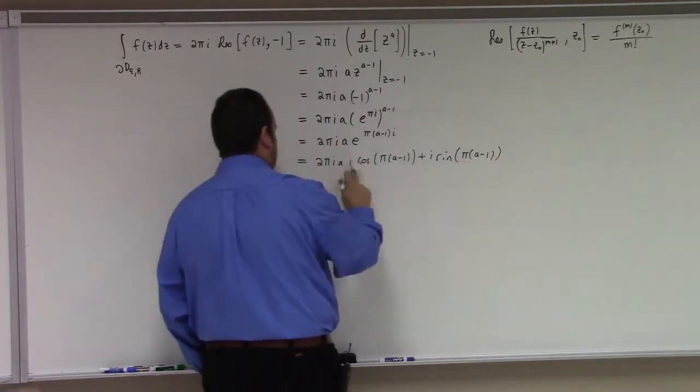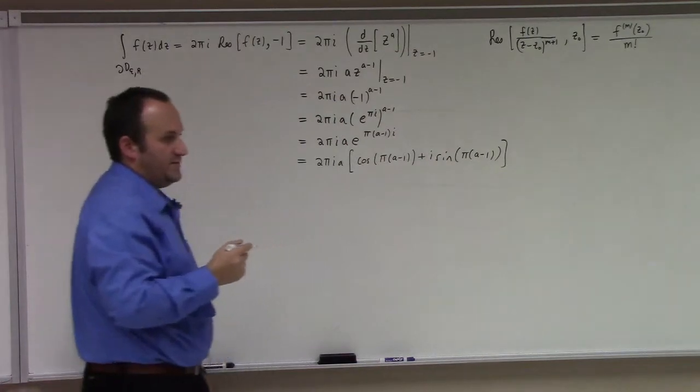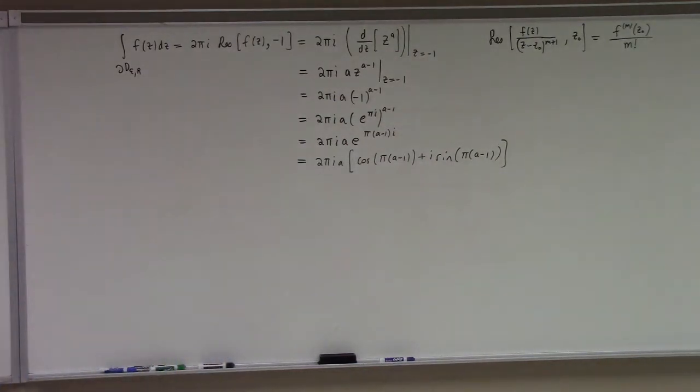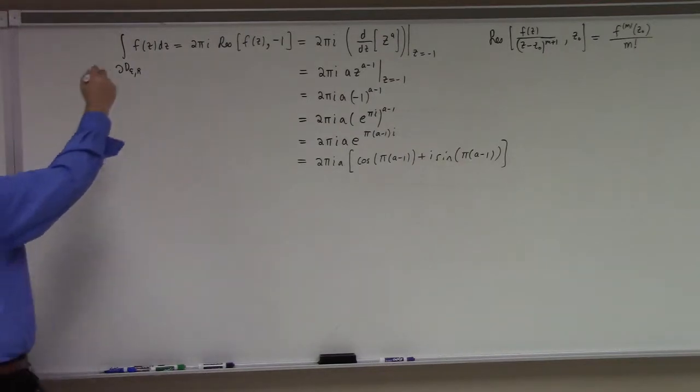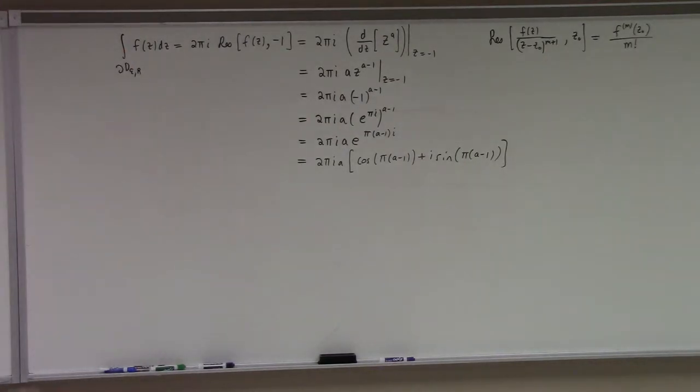Keep in mind, through all of this, a is a what? What was the fine print? There was some fine print about a at the start of this. A is between minus 1 and 1. That was given to us, and that will matter at some point. I don't think it matters at the moment that a is bounded between plus or minus 1.